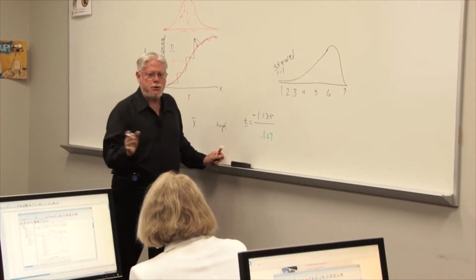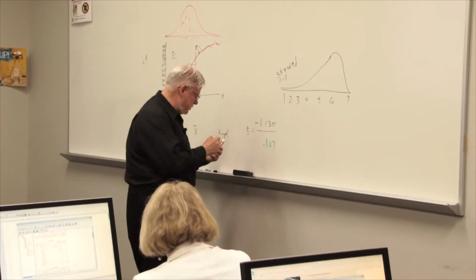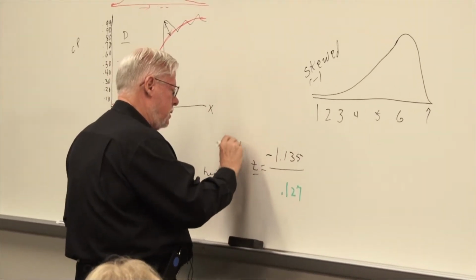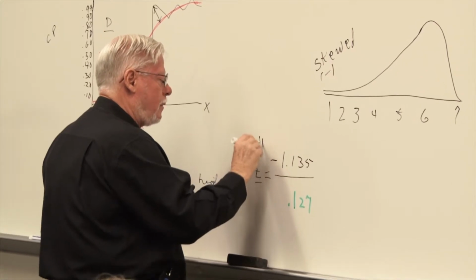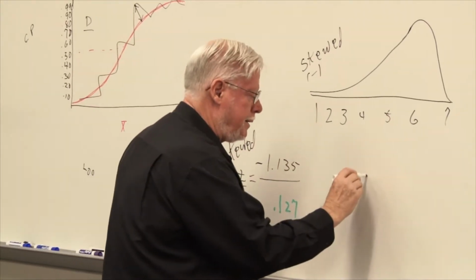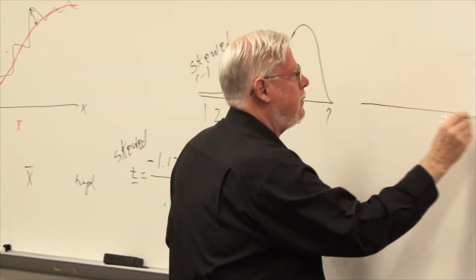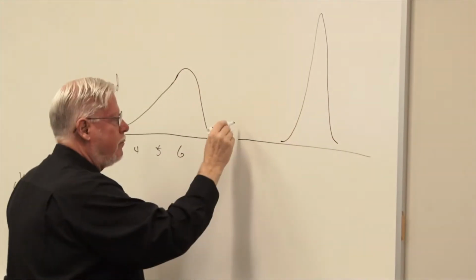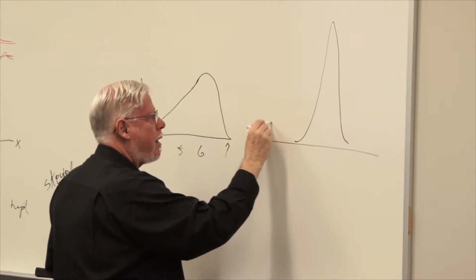You can do the same thing with the kurtosis. This was skewness here, and the kurtosis has to do with the height or the density of the distribution, like that, or if it's platykurtic like this.